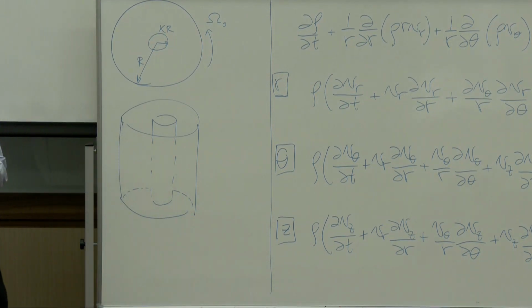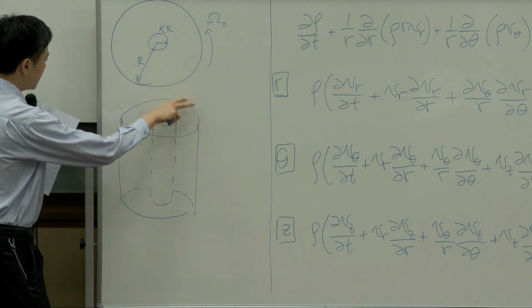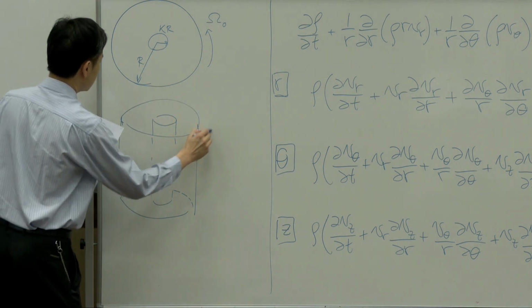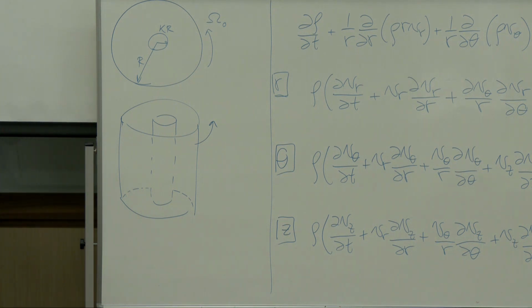It seems like an annular flow, but actually it is a tank. Water is filled in the tank, and the tank itself is rotating. You can rotate the tank. Just like when you do the bakery, you put mixture in the bowl and you rotate the bowl, something like that.